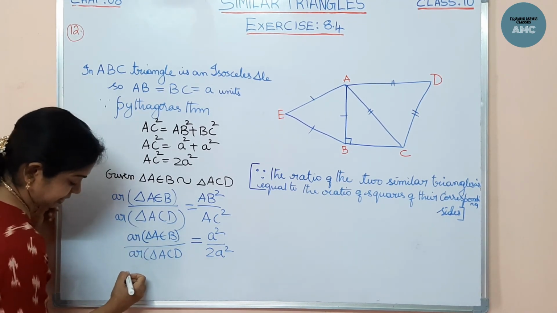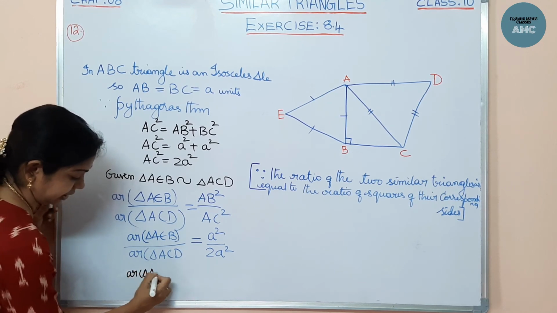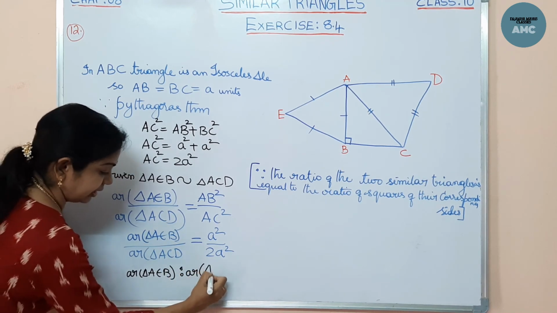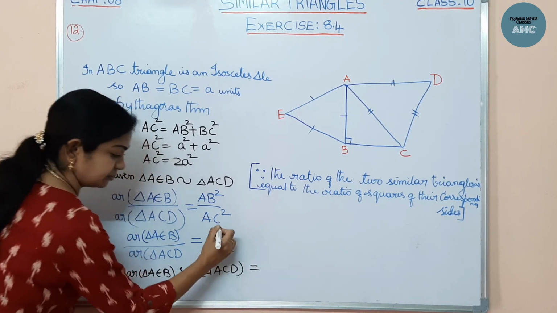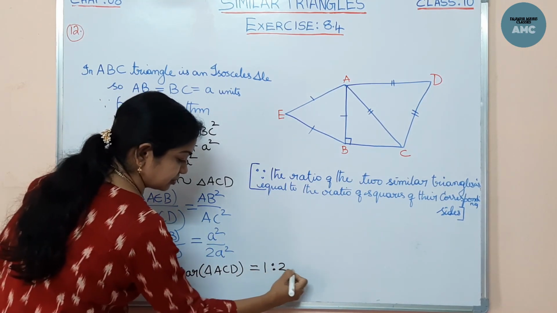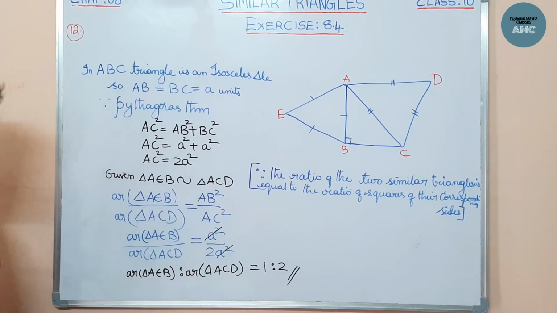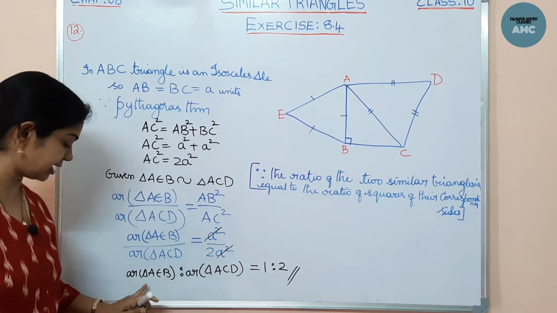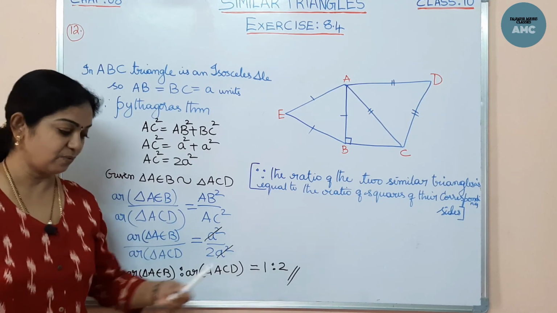So the ratio of the area of AEB to the area of ACD is equal to, cancel A square, 1 by 2. So 1 is to 2. So the ratio asked in the question, of the areas of the two similar triangles, is 1 is to 2.